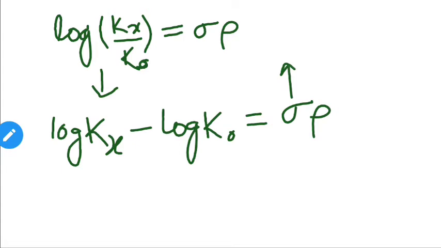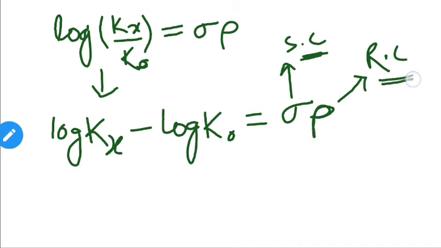Sigma is the substituent constant, and rho is the reaction constant. Sigma will depend on the substituent that is used, but rho will not depend on the substituent used. It will simply depend on the type of the reaction that is carried out.